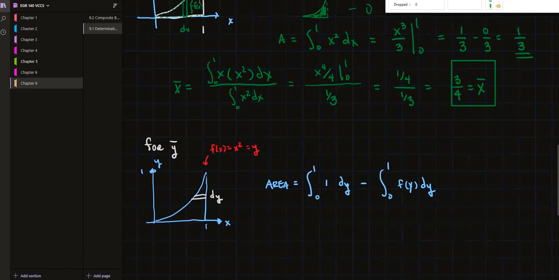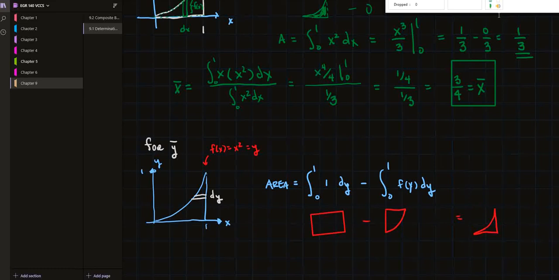So this is going to be this rectangle minus this shape here. So we'll take this shape and we'll subtract this shape out, and what we're left with is our answer, this shape. And I should get the same area of 1/3 that I got up here.